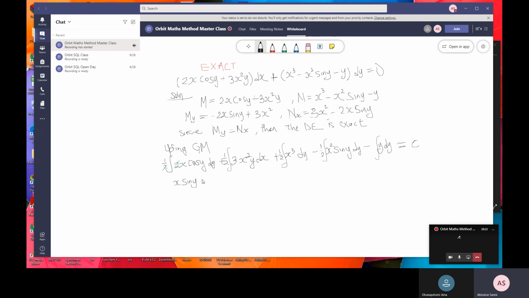Then here I'm going to have plus 3 over 2. Integrate x squared with respect to x, y is a constant. That will be x to the power 3 over 3. So that 3 under is going to cancel this 3, and I'm going to have 1 over 2 x cubed y.